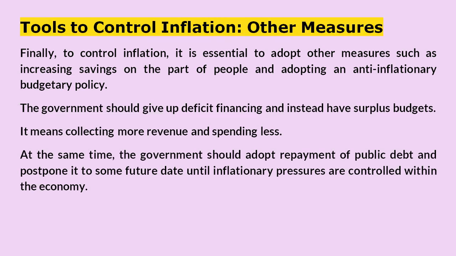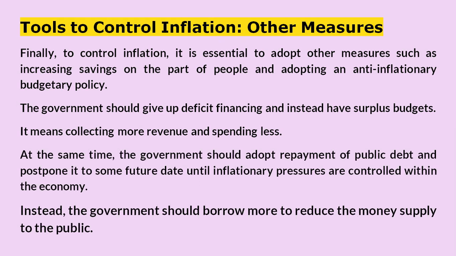At the same time, the government should adopt repayment of public debt and postpone it to some future date until inflationary pressures are controlled within the economy. Instead, the government should borrow more to reduce the money supply to the public.